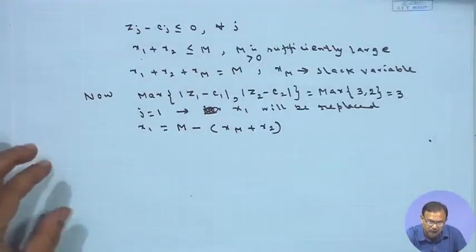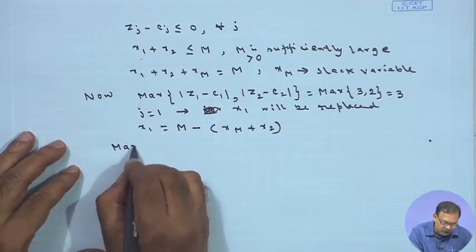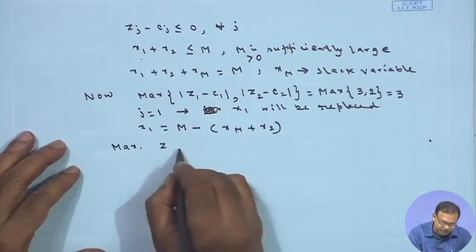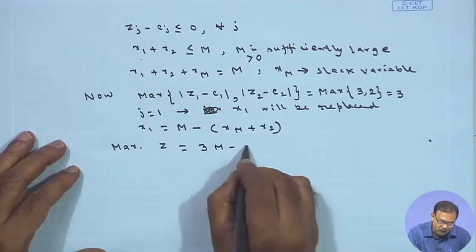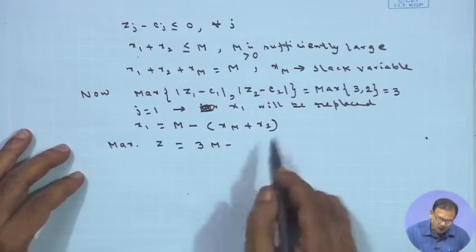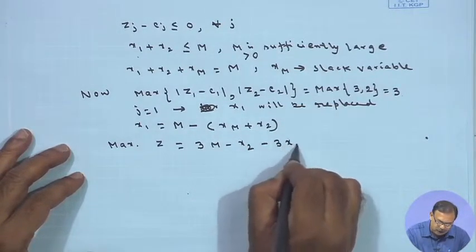So I am writing the original problem again: maximize z equals 3 m minus x 2 minus 3 x m.